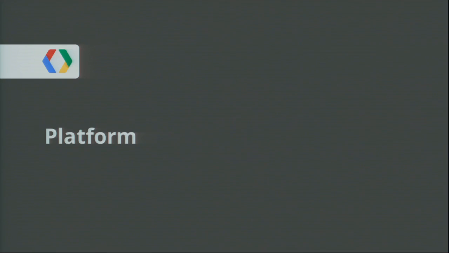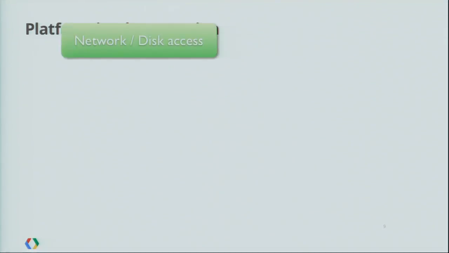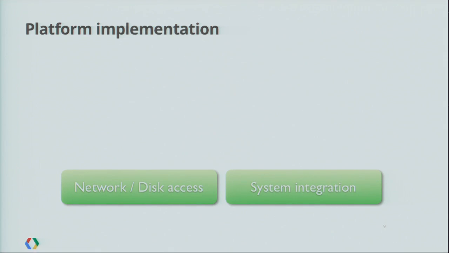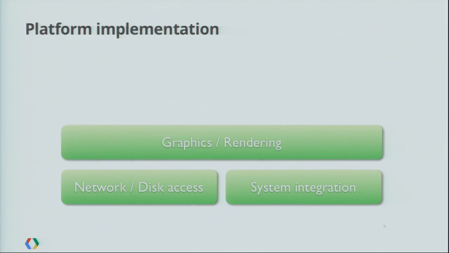Right, so in platforms, what do we get? So we have the network and disk access, of course. You have some system integration, and about that, I'm mostly thinking about the newest HTML5 APIs, stuff like camera access or geolocation or whatnot. And of course, that's platform dependent.